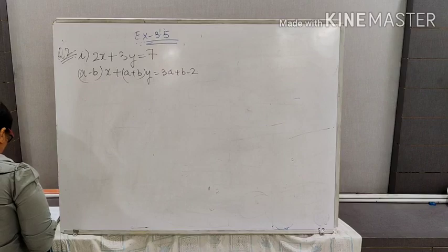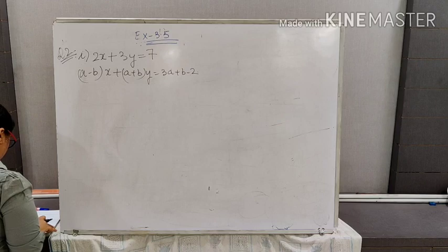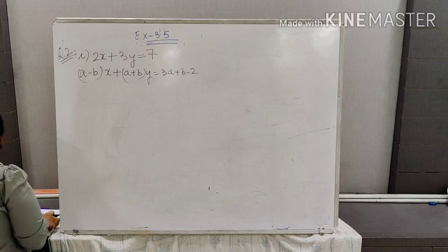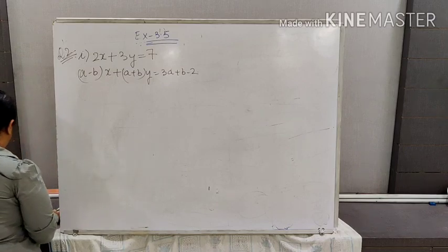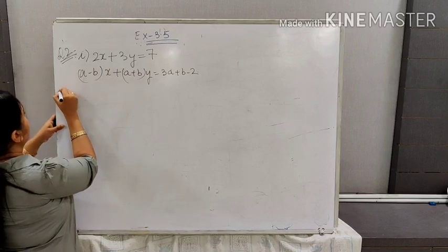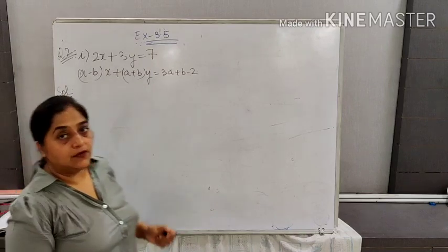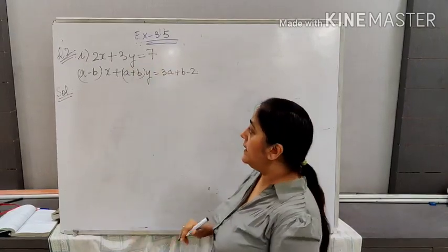What you have to do is tell the values of a and b where the pair of linear equations has infinitely many solutions.